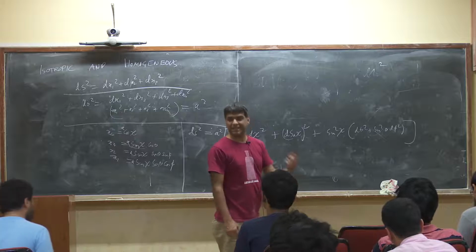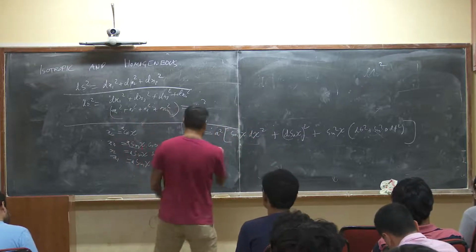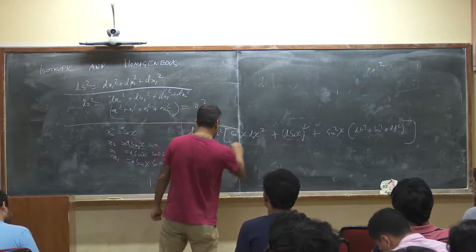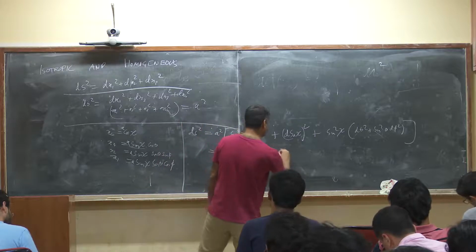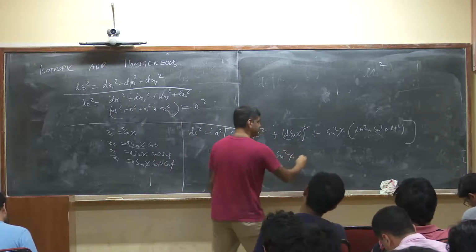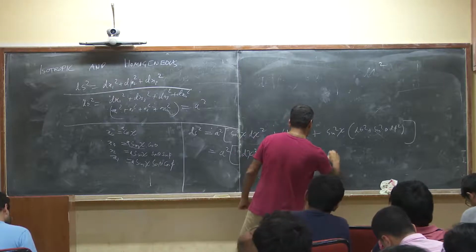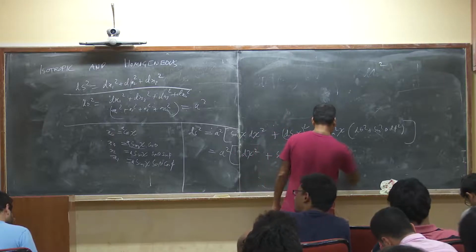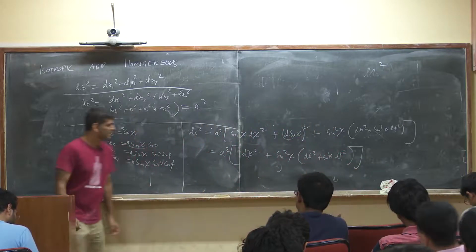Cos squared chi d chi squared. And what's sine squared chi plus cos squared chi? It's 1. So this is equal to a squared times d chi squared plus sine squared chi times d theta squared plus sine squared theta d phi squared. Is this clear?